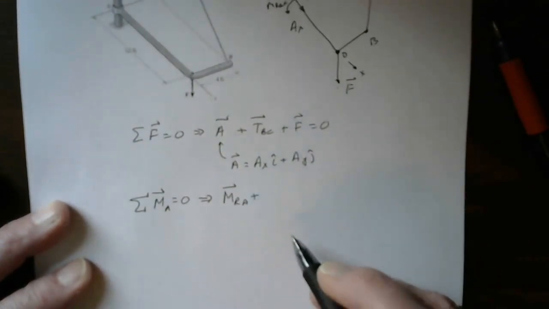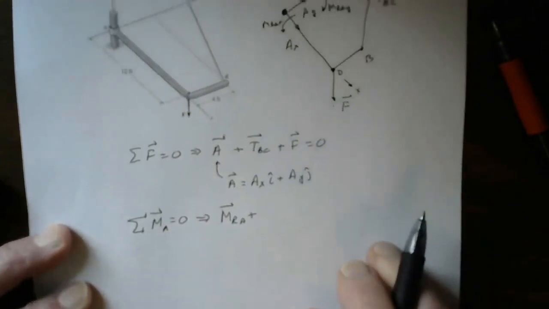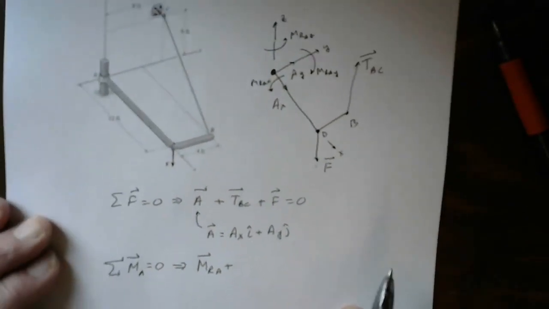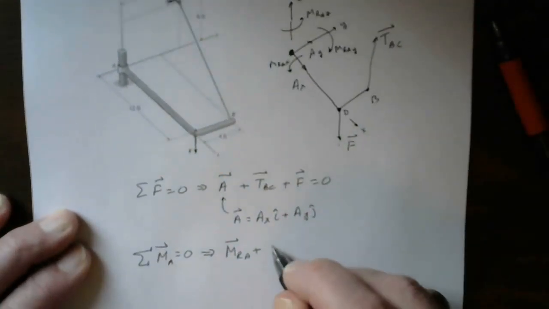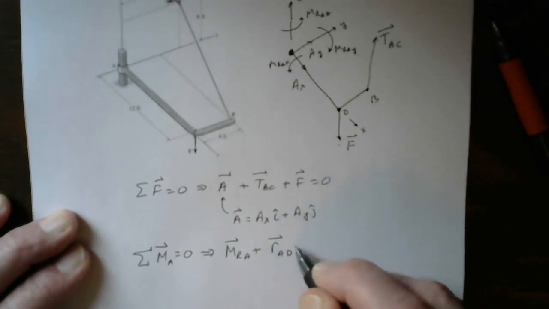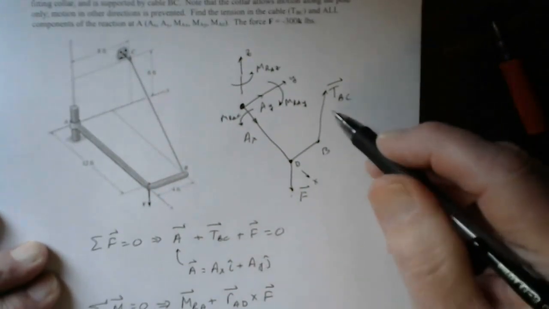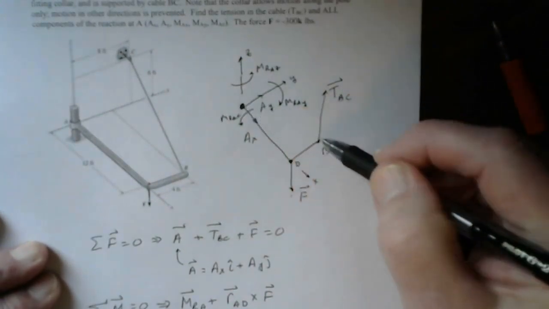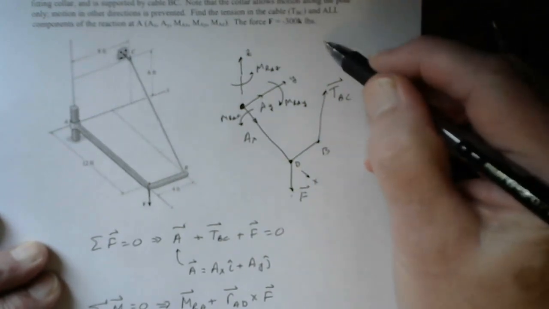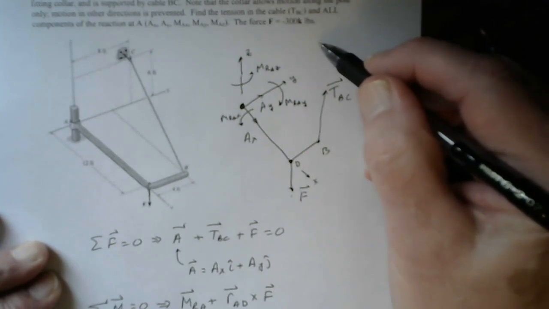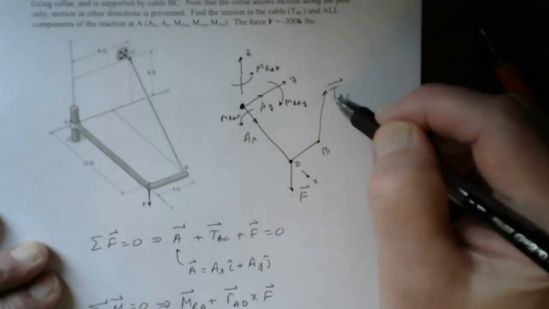Then the moment due to the force F, you can determine this any of a number of ways, but I'm going to do this using the cross product, RAD cross F. And then the moment about A due to TBC, RAB cross TBC, or another probably equally easy way, C is up here someplace, I could use RAC cross TBC.